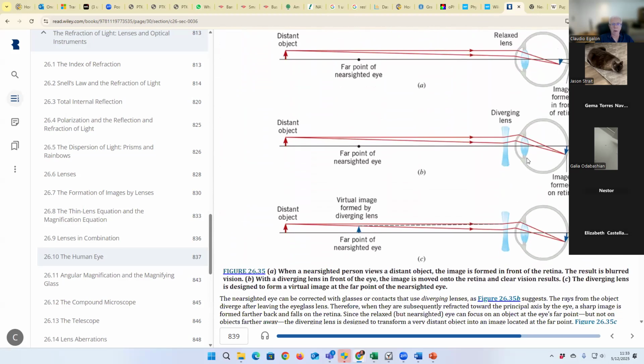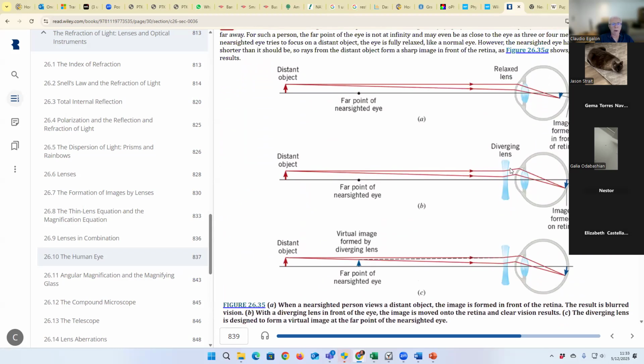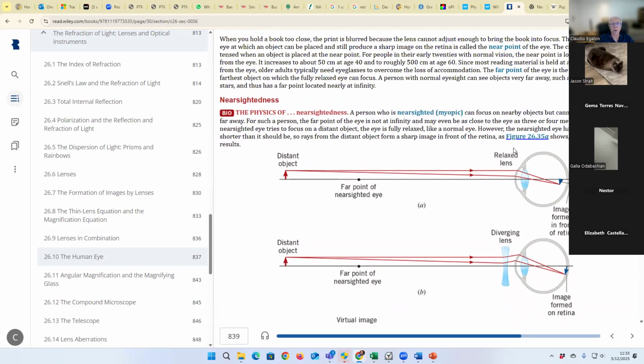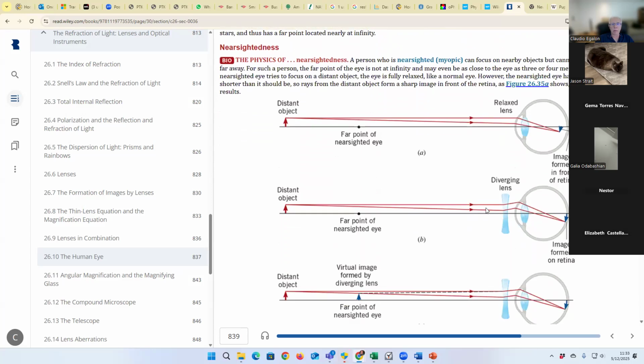Okay, and here is how we fix this problem with nearsighted individuals, right? Why is it nearsighted? Because the closer the object is, the easier the image is formed. That's why we are called, I mean me, myself, one of those, right? That's why we are called nearsighted.